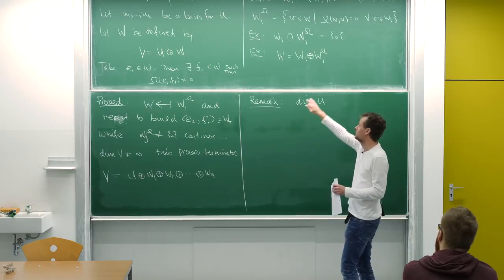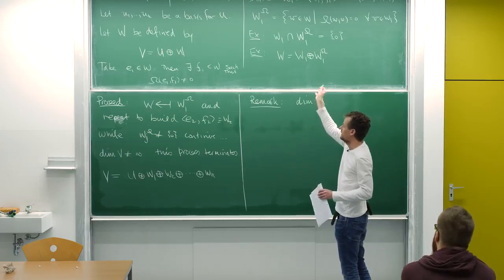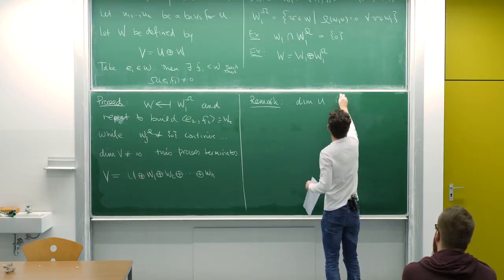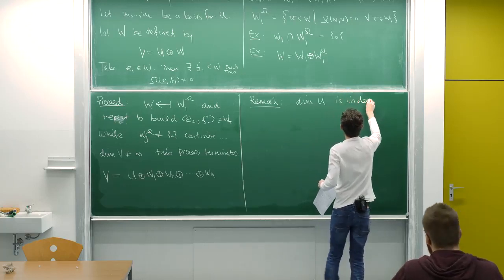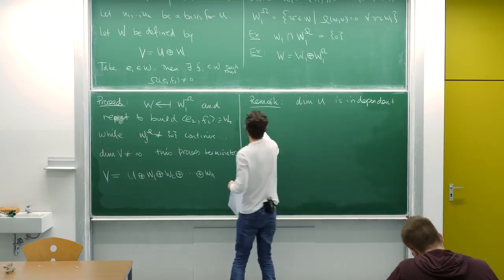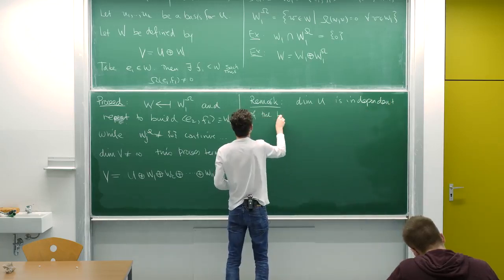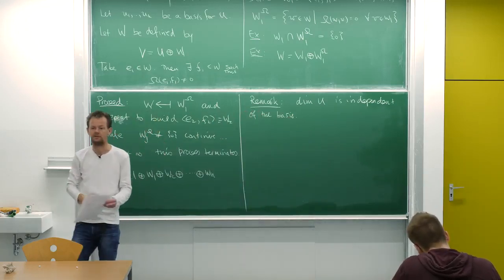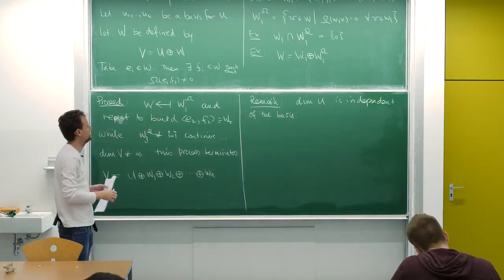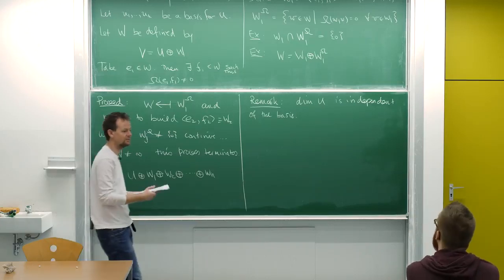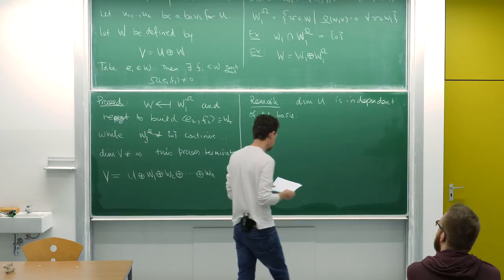No matter how we chose E's and F's, the dimension of U is independent of the basis. It has a coordinate-free definition. So this integer, dim U, is somehow an invariant of these skew-symmetric bilinear maps.